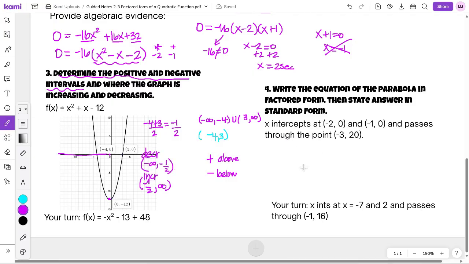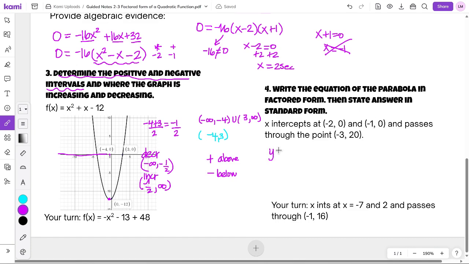let's talk about number 4. Write the equation of the parabola in factored form, then state the answer in standard form. So when we write the equation in factored form, we know we can do this on Desmos and get it in standard form, but it asks for it in factored form first.